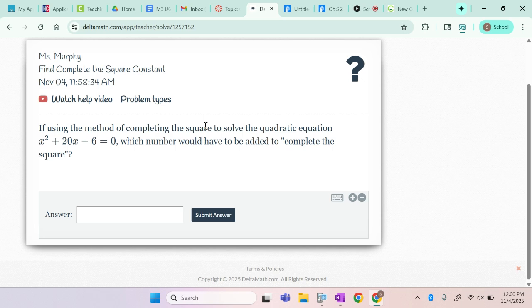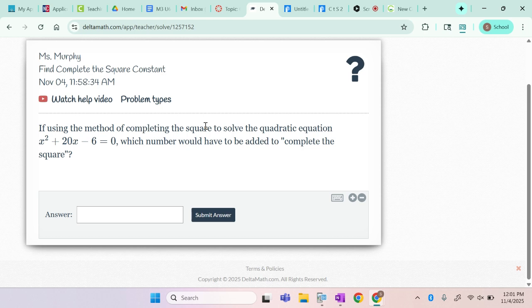So what's 10 by 10? 100. So that's what we'll be adding here. The formula for this is you take the p-value, divide it by 2, and then square it. So that would be 20 divided by 2 squared, so that's 10 squared, or 100.